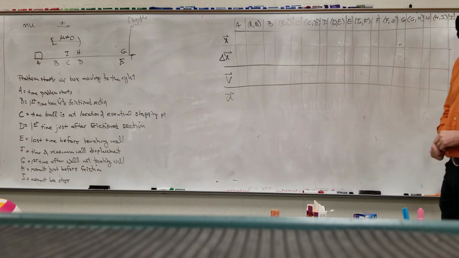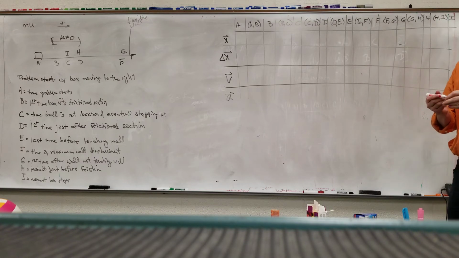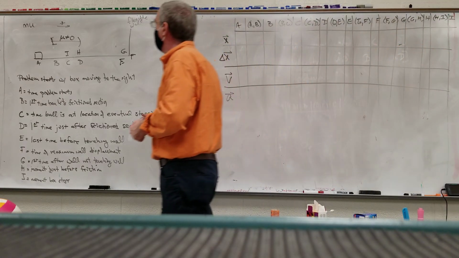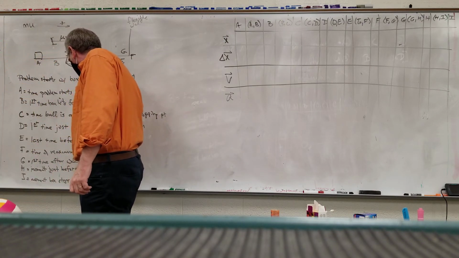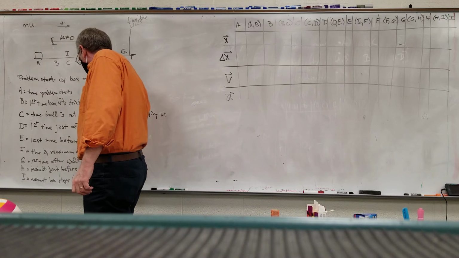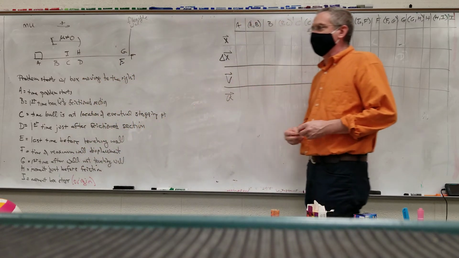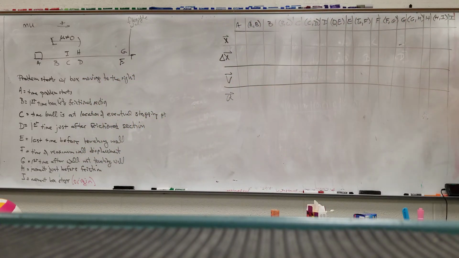All right, so let's start out with, oh, I didn't tell you where 0 is. So it stops, and this is what we'll define as the origin, at time I. Or the position of the box at time I is the origin. All right.